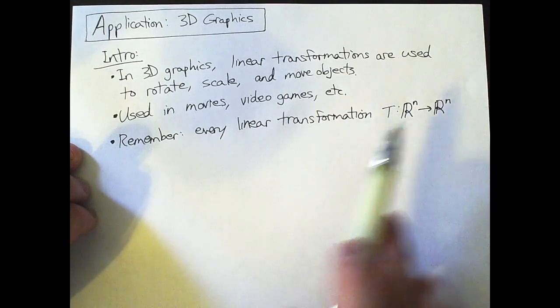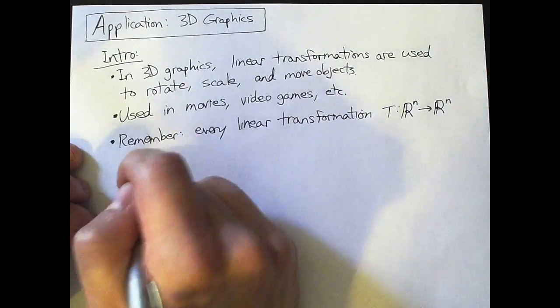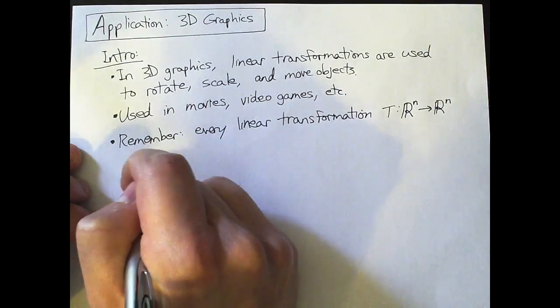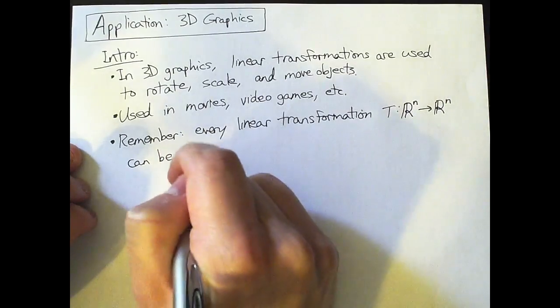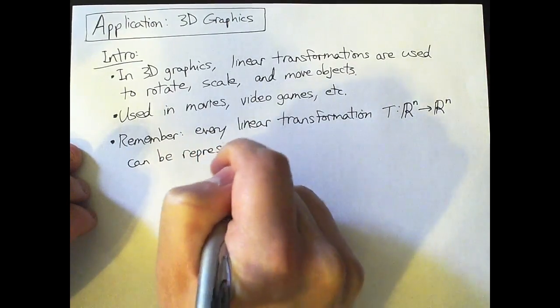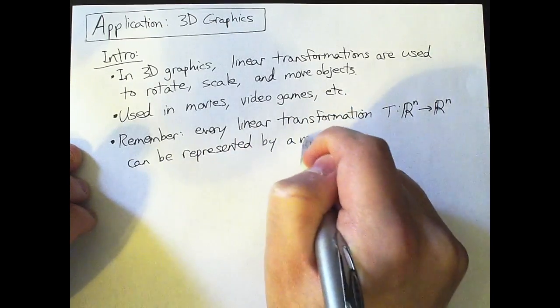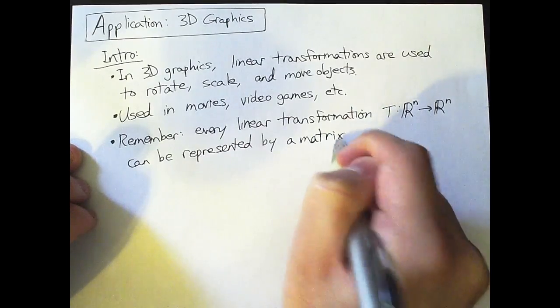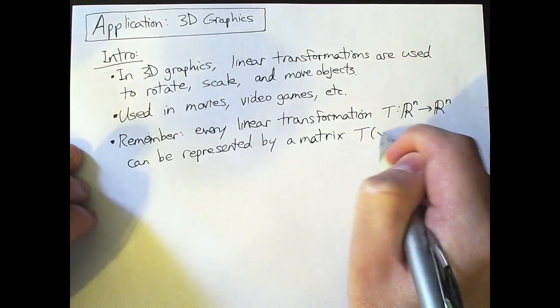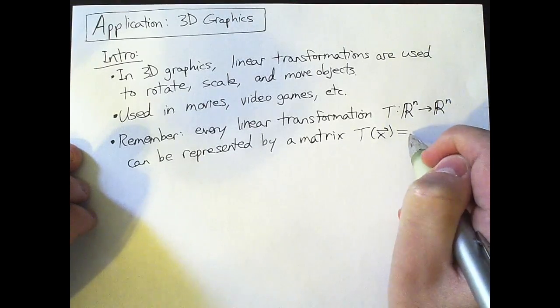So the domain and codomain are the same. Every linear transformation can be represented by a matrix. So we could say that T of x equals Ax.